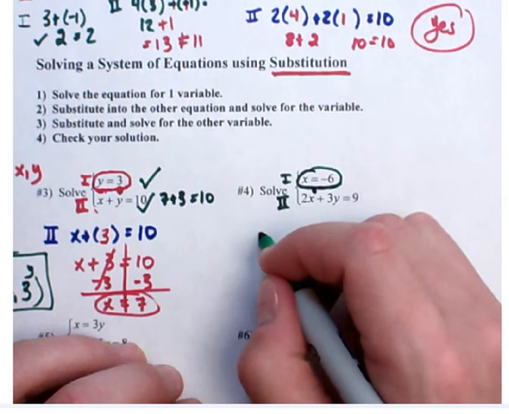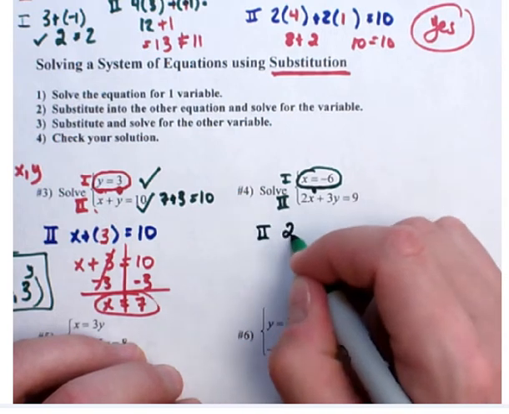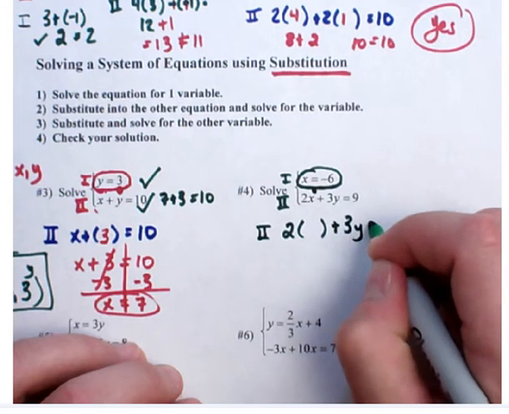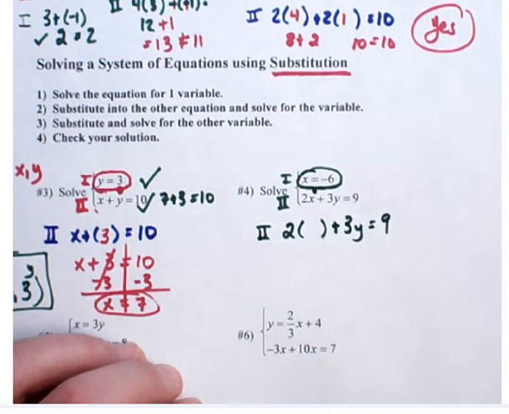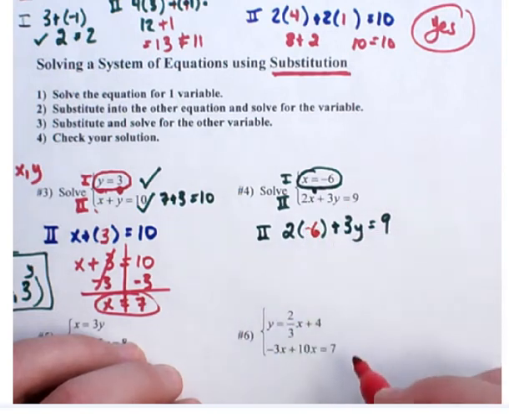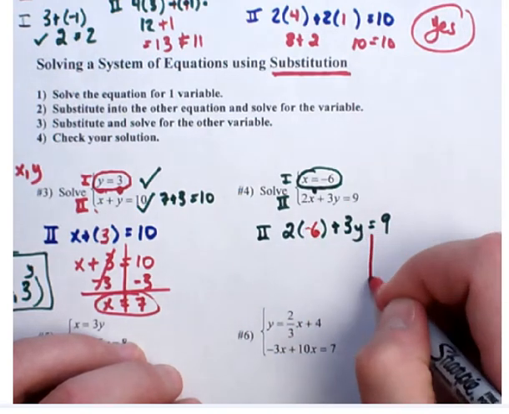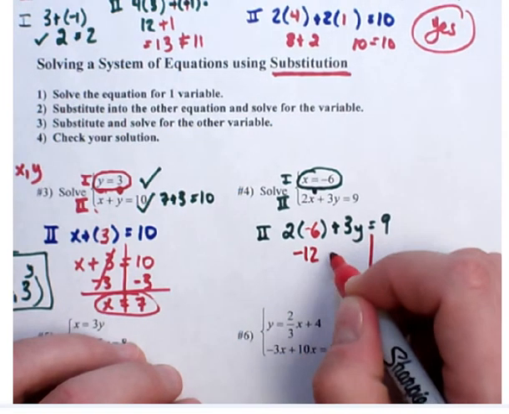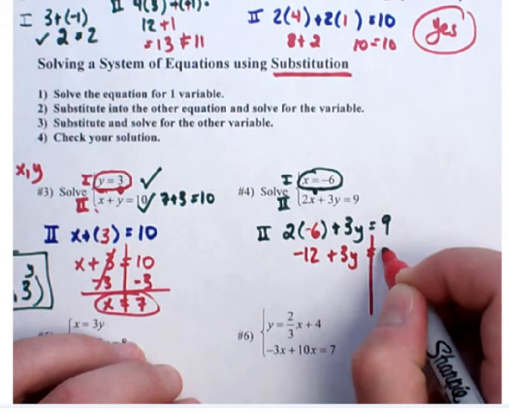So, equation 2. 2 times x, parentheses, plus 3y equals 9. Now we know that the x value is -6, so I'm going to substitute -6. We can work this out now. 2 times -6 is -12 plus 3y equals 9.